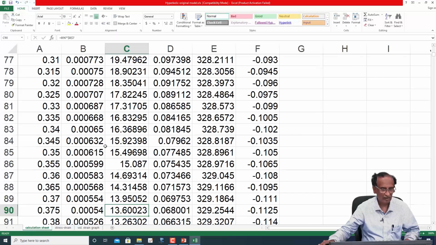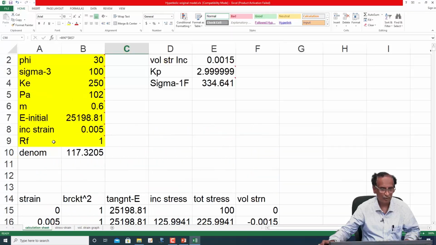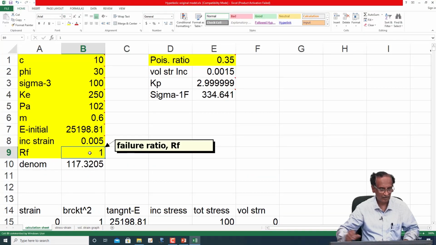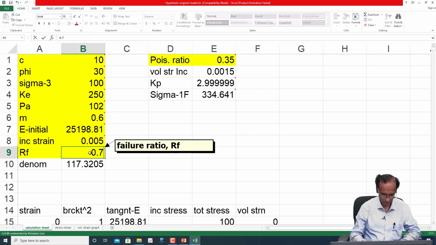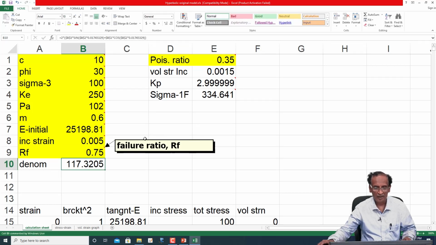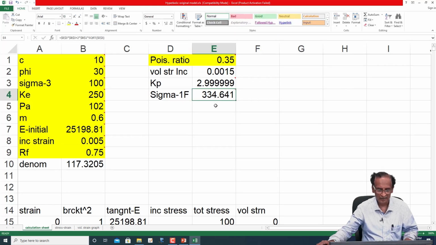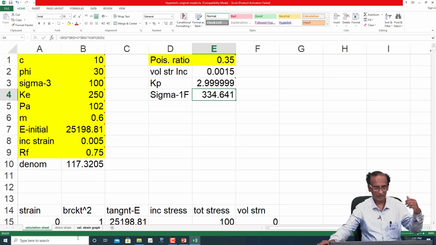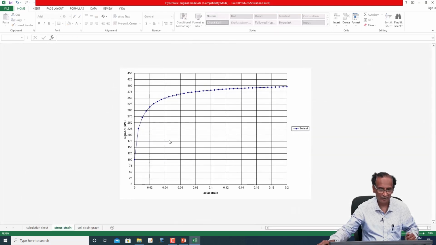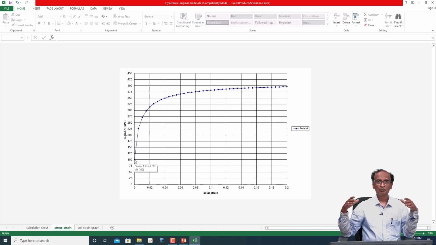Let me just show you another. Let's set it back to 0.75. Our maximum shear stress theoretical limit is 334. And if you look at this stress strain graph, initially our sigma 1 is 100, that is at the starting state when we applied the confining pressure.